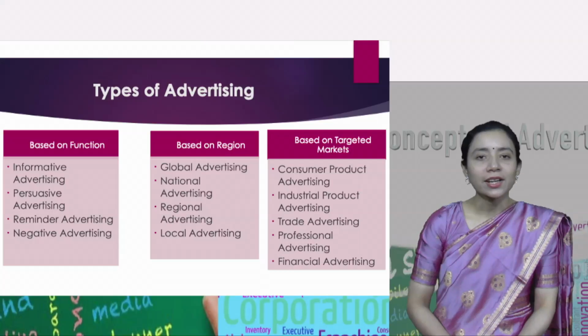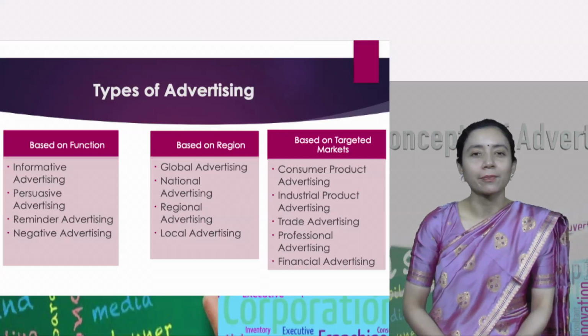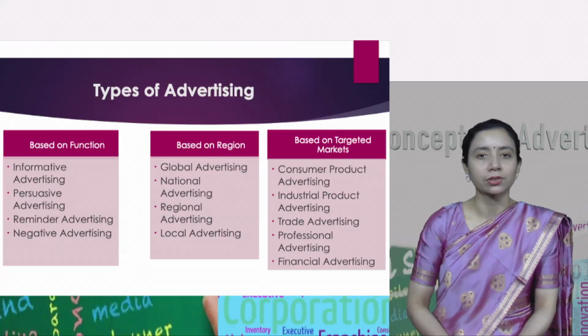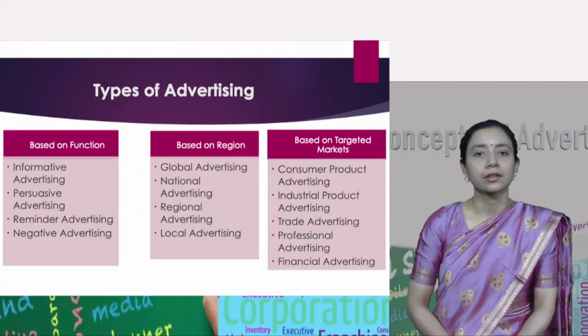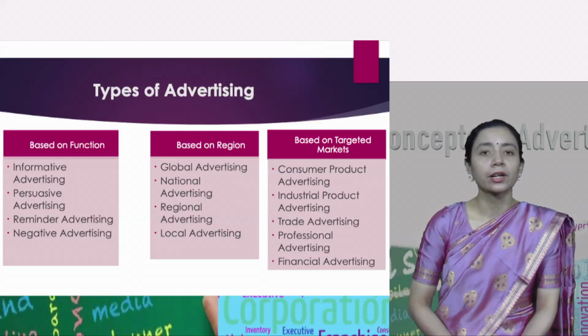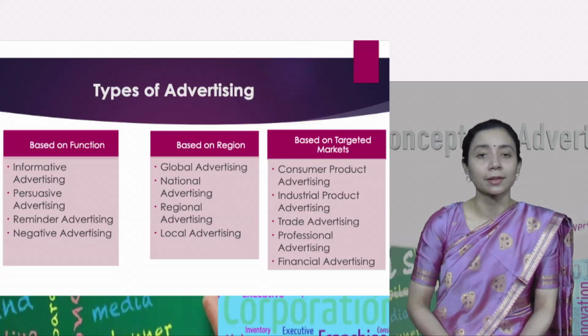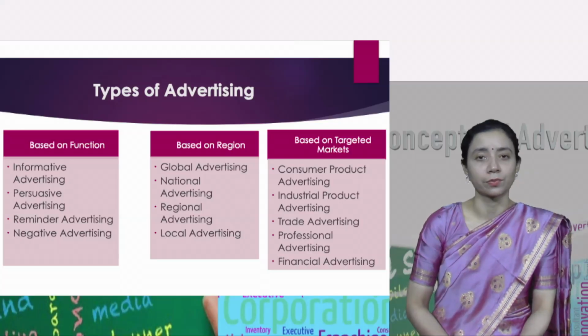Suppose there is an advertisement on some brand of a particular garment, or an advertisement regarding some skincare cosmetics brand. So these are some examples of consumer product advertisement, because it targets a specific group of people.